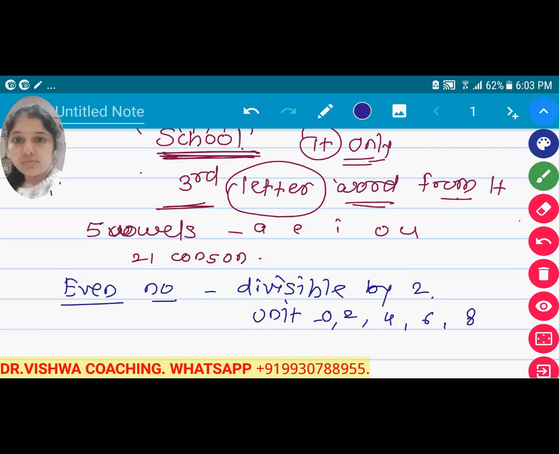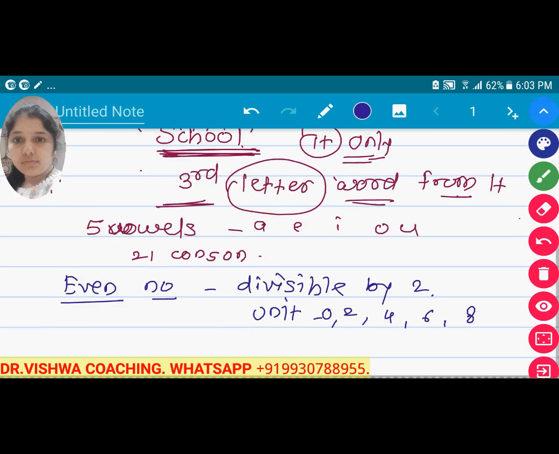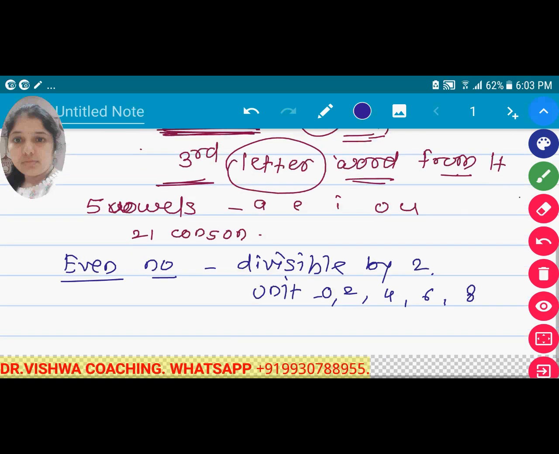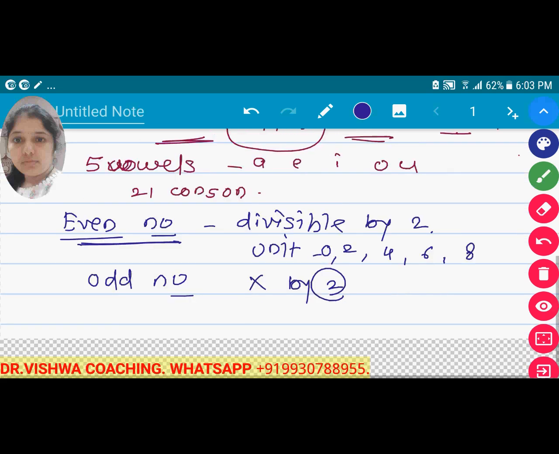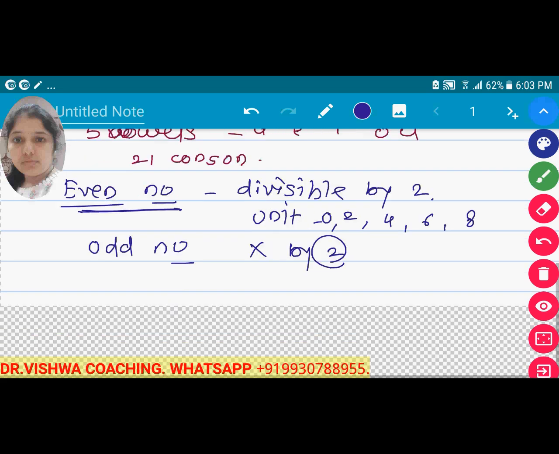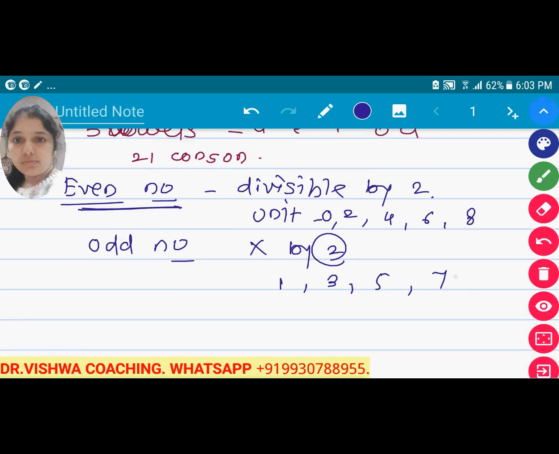So the number which is divisible by 2, and if its unit place has 0, 2, 4, 6, 8, then the number is called an even number. And an odd number means it is not divisible by 2 and its unit place has the digit 1, 3, 5, 7 and 9. So these things you must know.